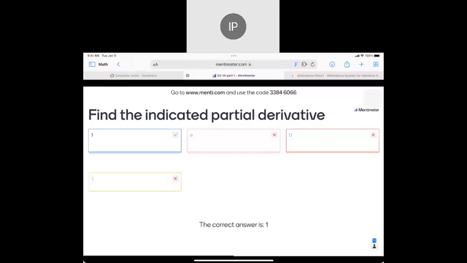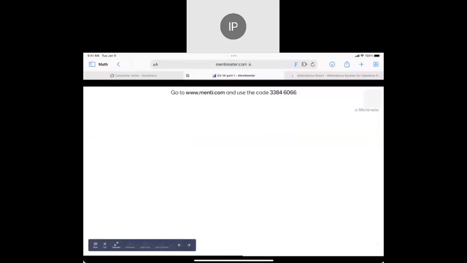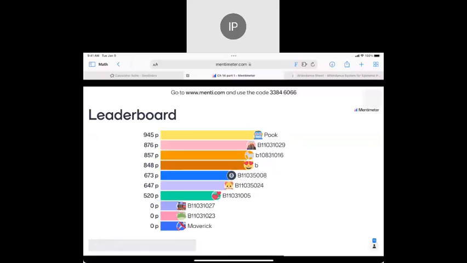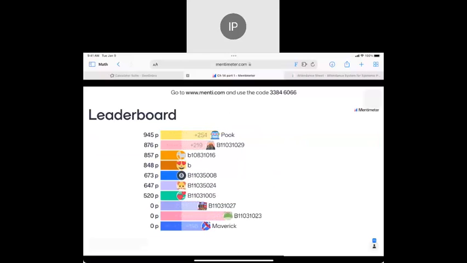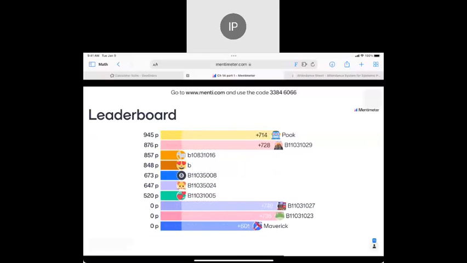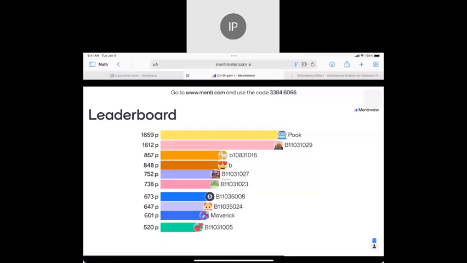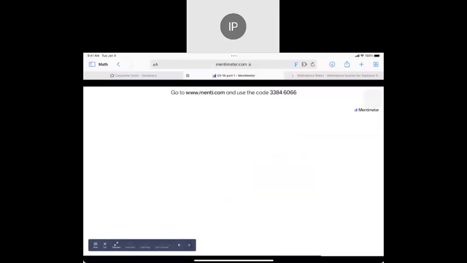Okay, good. Some of you got the correct answer. Sorry if the time was too short, but I think it should be okay because it's not too complicated. So which one of you is going to win the game? Okay, last question.